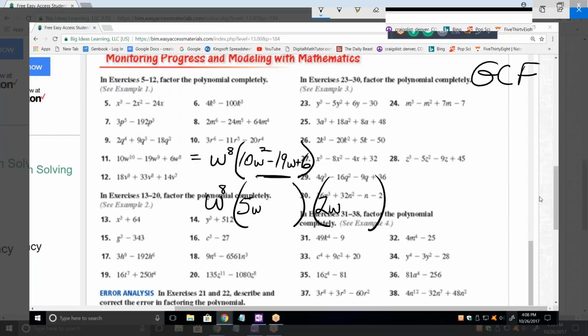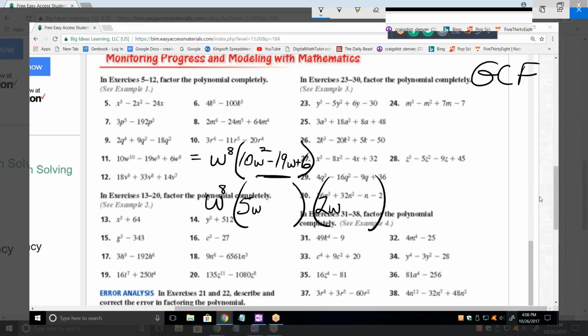Now, it could be 10W and 1W, but the one thing we know is that these two things have to multiply together to give 10W squared. Remember, what you're doing when you're factoring is the reverse of FOIL. FOIL is where you multiply it together. Factoring is where you unmultiply it. When you unmultiply it, the F of FOIL still gives you that first term.